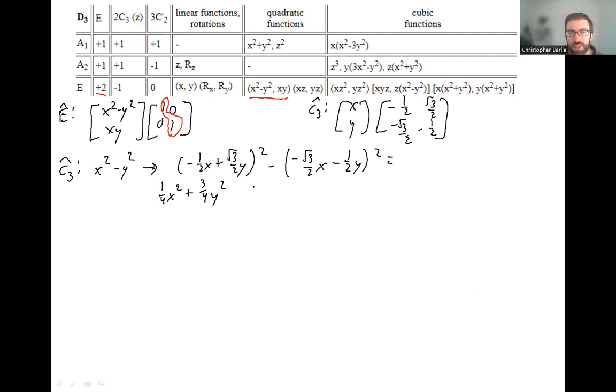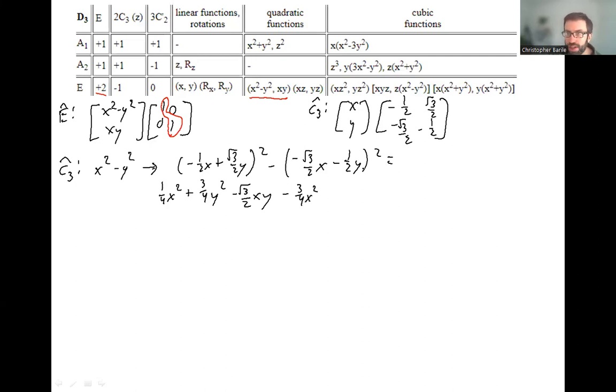And then we're going to have the intermediate terms, which together are going to add up as negative root 3 over 2, because we're going to have 2 root 3s over 4s, which combine to make a root 3 over 2 xy. And then we have to do this quantity. We have to remember we have this extra negative sign here. So this first component is going to be 3/4 x squared, but it's a minus, so minus 3/4 x squared.